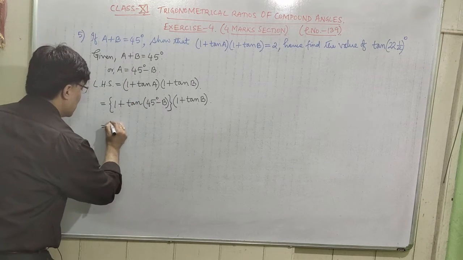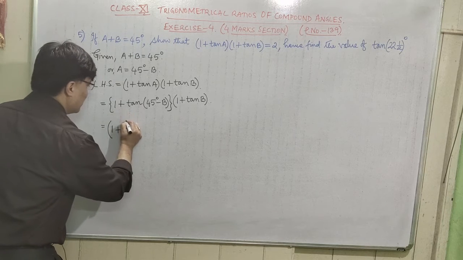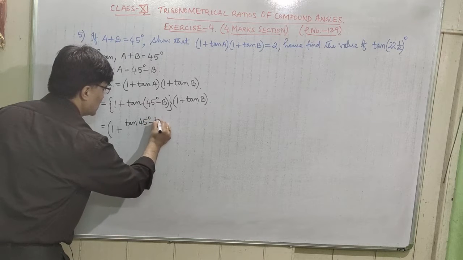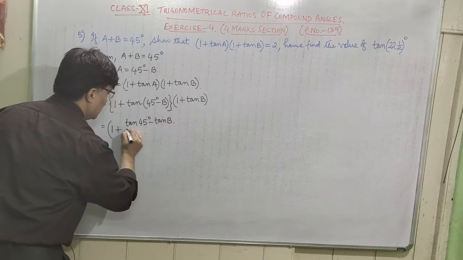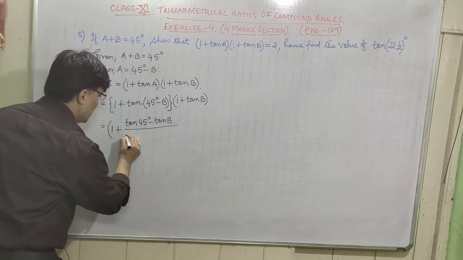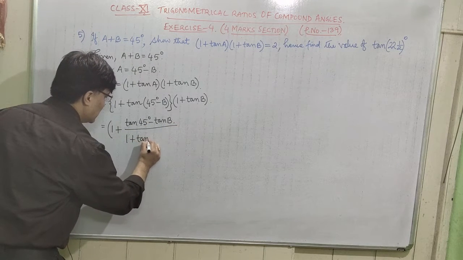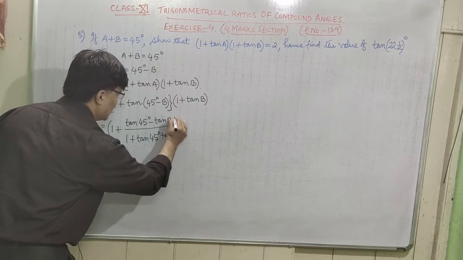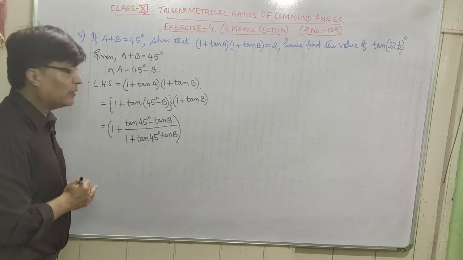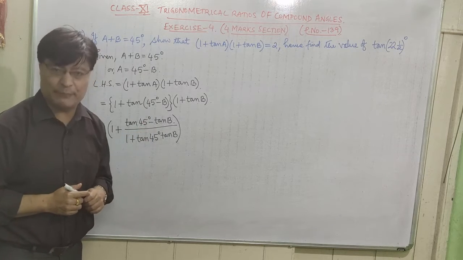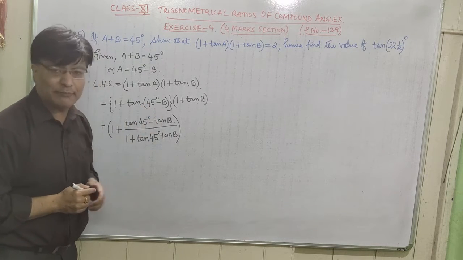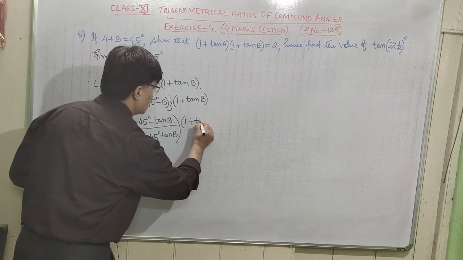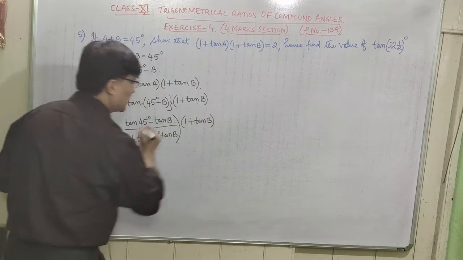Within bracket 1 plus, what is tan of A minus B? You know the formula: tan A minus tan B divided by 1 plus tan A tan B. Here A is 45 degrees and B is B. So now it is into 1 plus tan B. Is that clear?